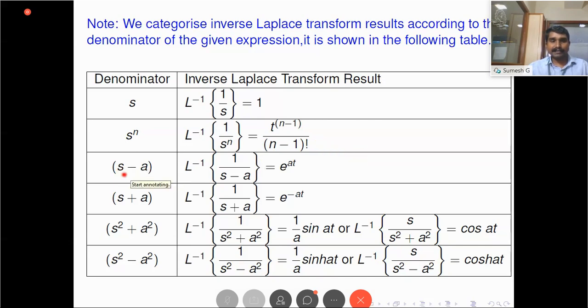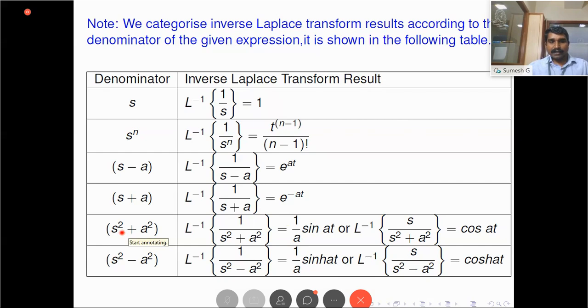If the denominator is s minus a, we have to use the result inverse of 1 by s minus a equal to e raised to at. If the denominator is s plus a, then we have to use the result inverse Laplace transform of 1 by s plus a equal to e raised to minus at.